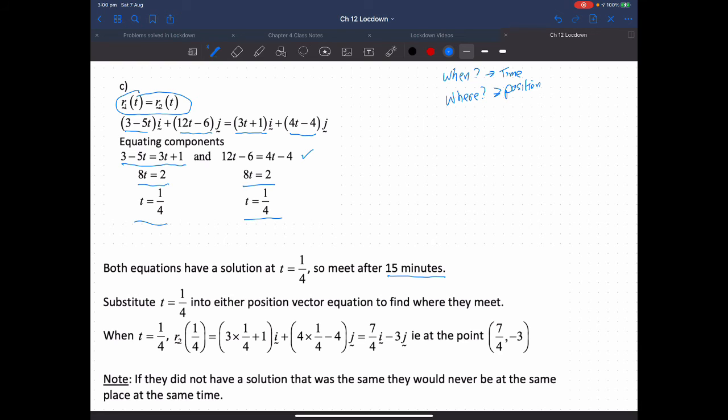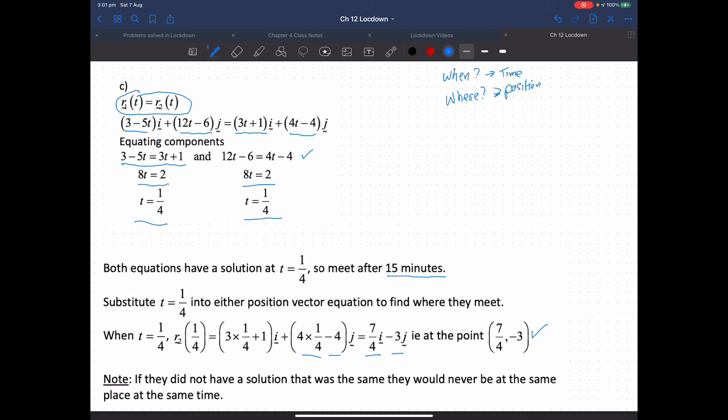I get 3 times a quarter plus 1, which is 7 on 4. And I get 4 times a quarter minus 4, which is negative 3. That tells me that the point at which they meet is the point 7 quarters, comma, negative 3. And they do that after 15 minutes.